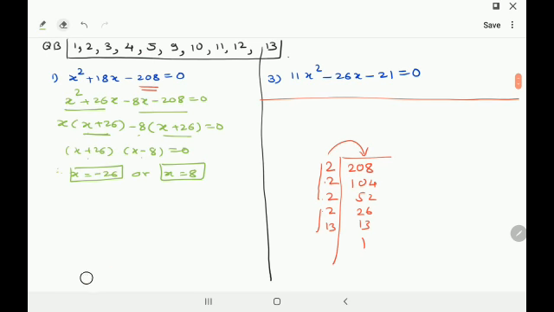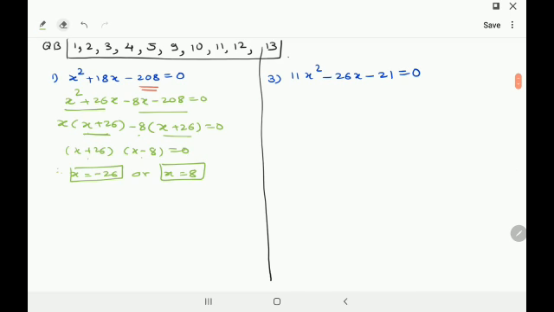So I'll just erase everything now. Now think of this part. Till this time, whatever the coefficient of x square was, it was 1. But here it is not 1, it is 11. Hope you know what to do.